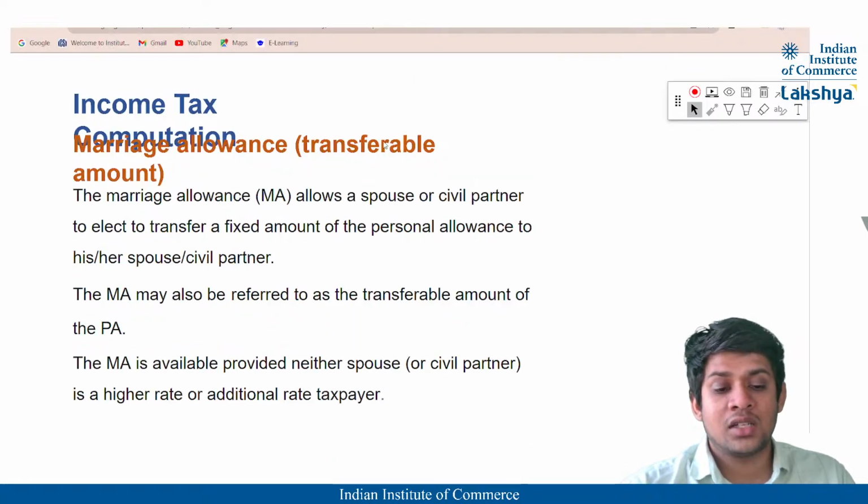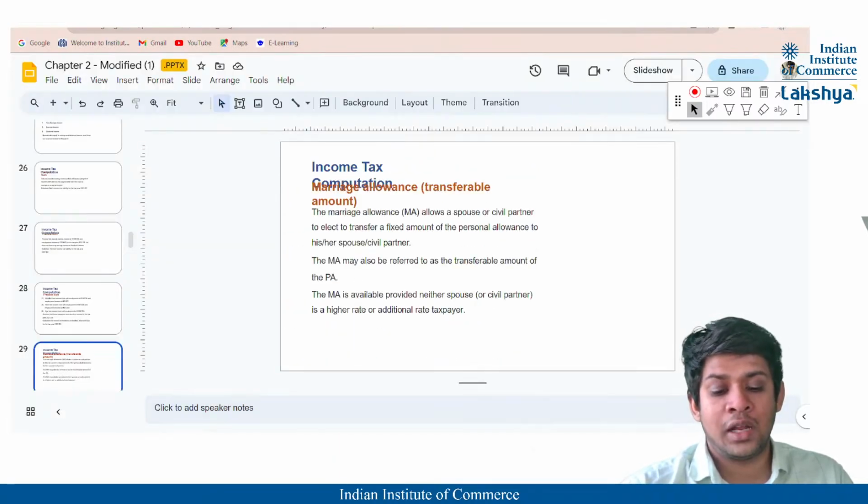Okay. Now we jump to marriage allowance. Before that, we'll again take a short break of 10 minutes and return with the latter part of this chapter.